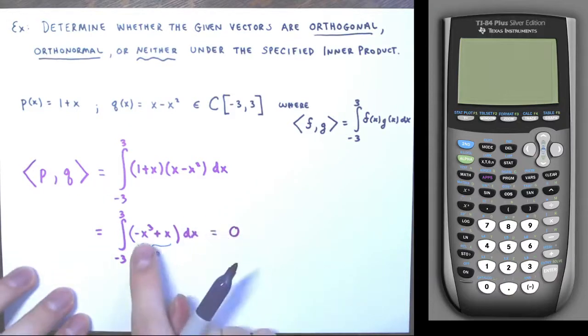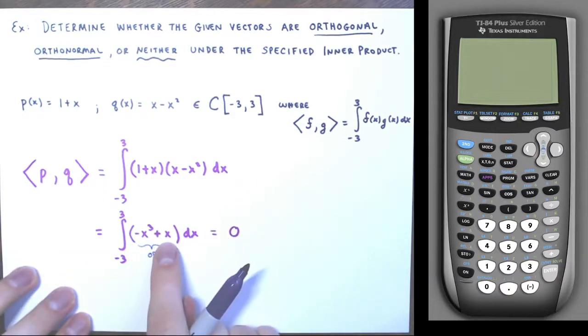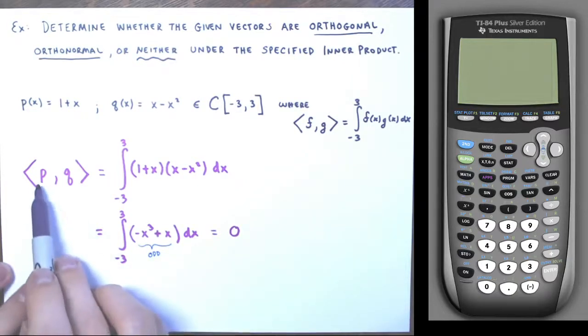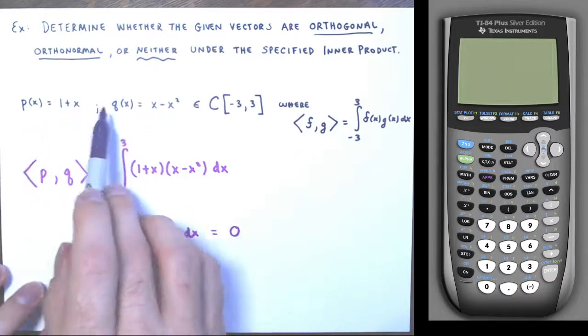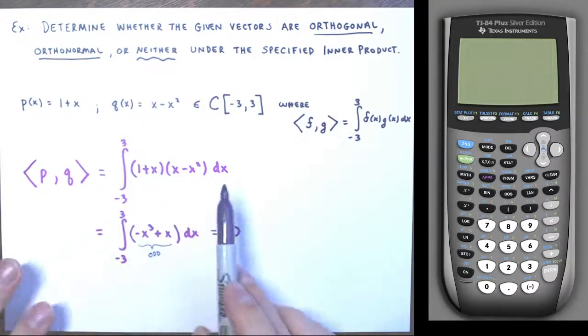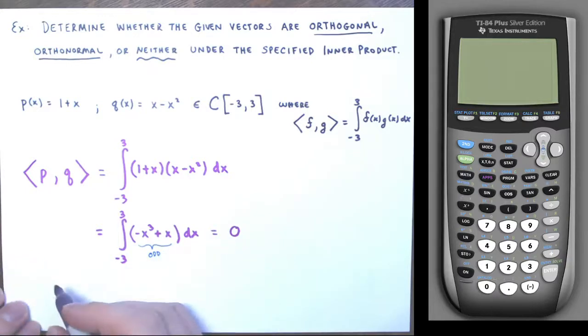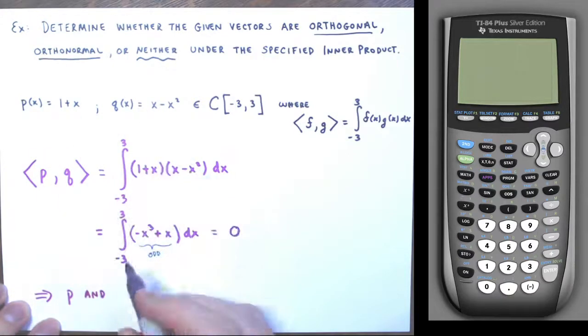Go ahead and take -1/4 x to the fourth plus a half x squared. Plugging in 3 and -3 will give you the same value, and then you'd be subtracting them and get 0. So the inner product of these two functions under this inner product is 0. So this tells me that P and Q are orthogonal.